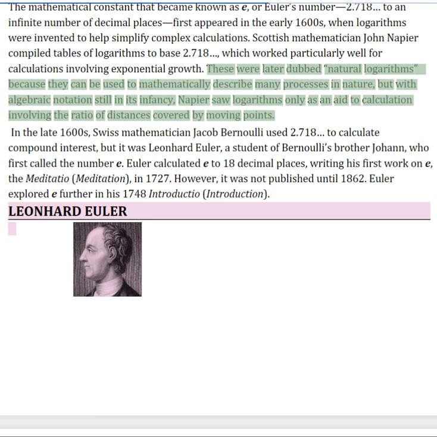These were later dubbed natural logarithms, because they can be used to mathematically describe many processes in nature, but with algebraic notation still in its infancy, Napier saw logarithms only as an aid to calculation involving the ratio of distances covered by moving points.